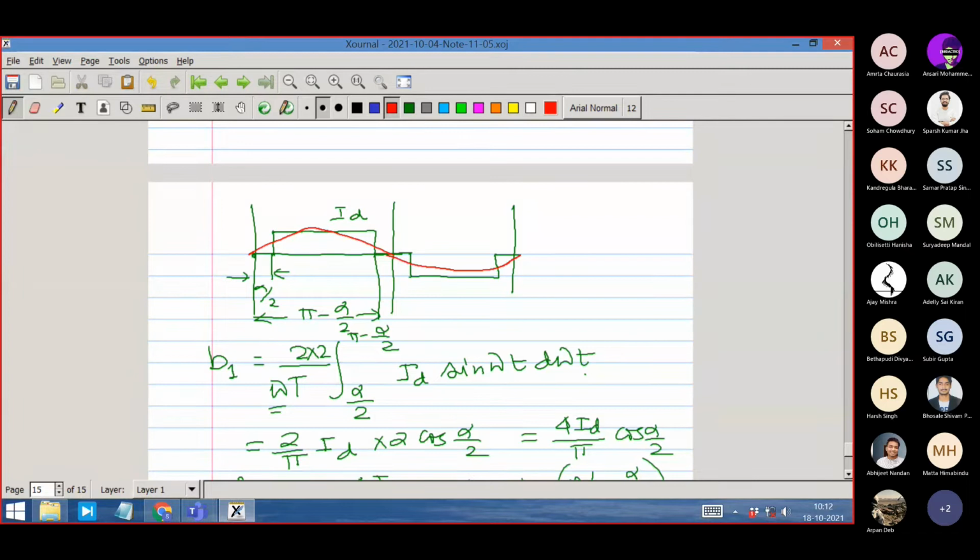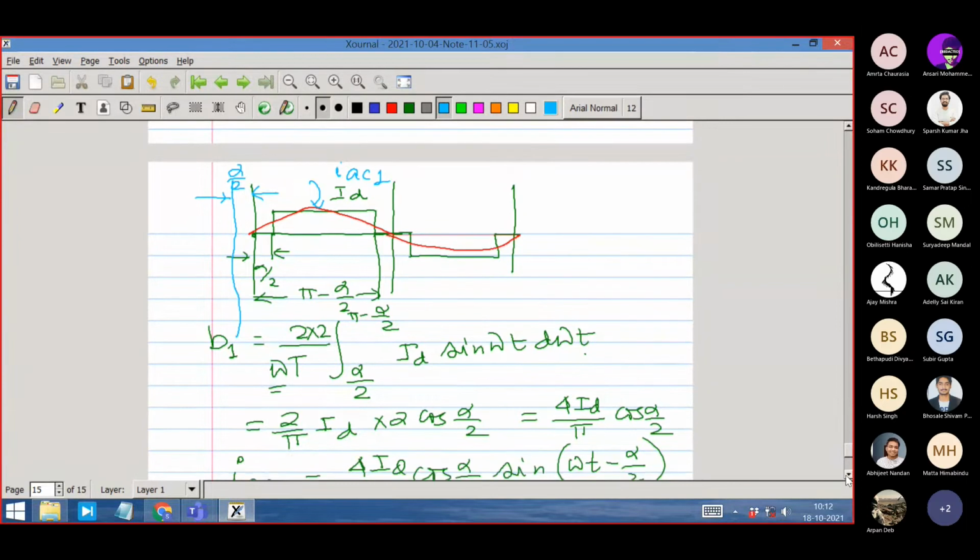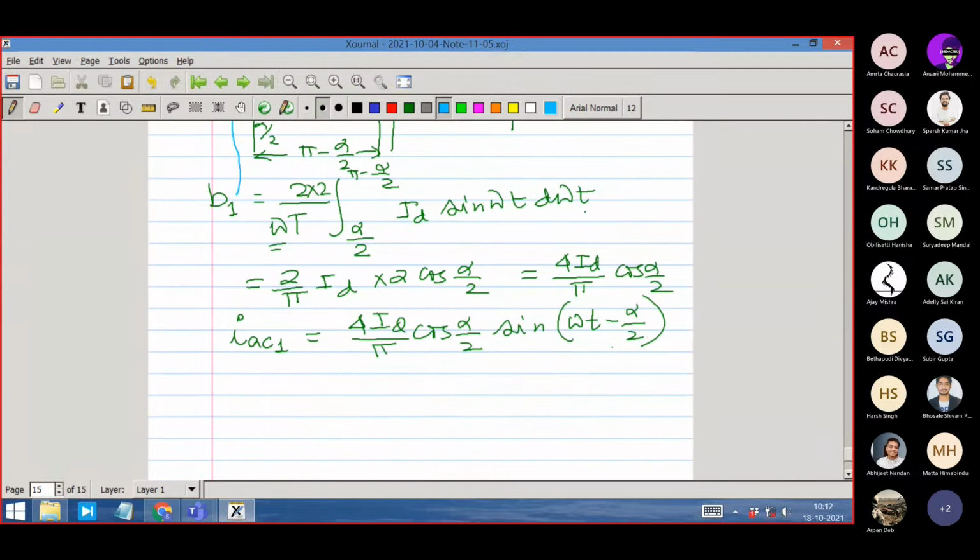And this is with respect to the voltage. With respect to the voltage, there is another angle alpha by 2. So this fundamental waveform, which I am referring to as IAC1, suffix 1 is for fundamental, has a phase shift of alpha by 2. That's why I am writing this expression, minus alpha by 2 with respect to the voltage.